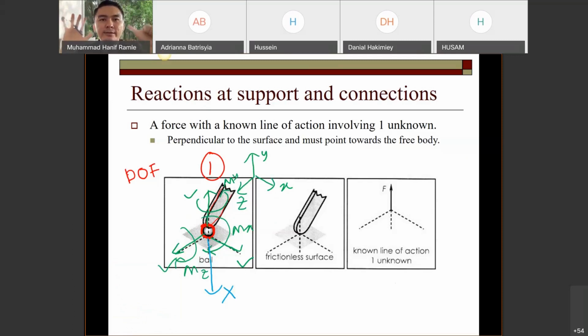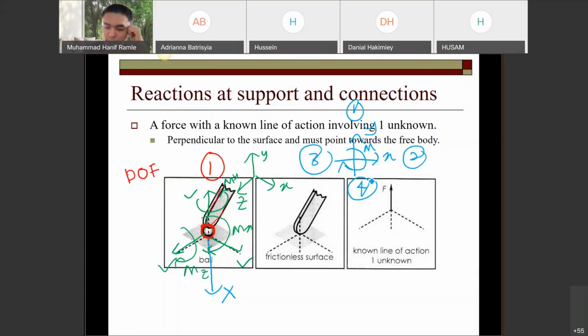Six for 3D. But for 2D, if I consider the axes, the maximum is 3: moment, X and Y. If I consider the directions, it is more than that: upward 1, right 2, left 3, 4, if the downward movement is number 5.